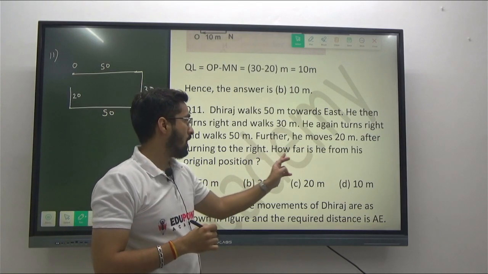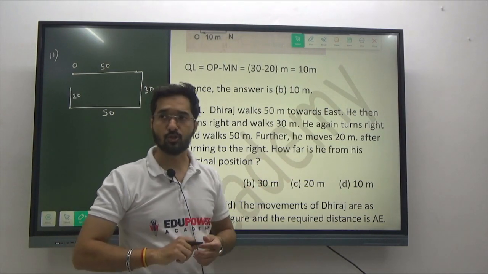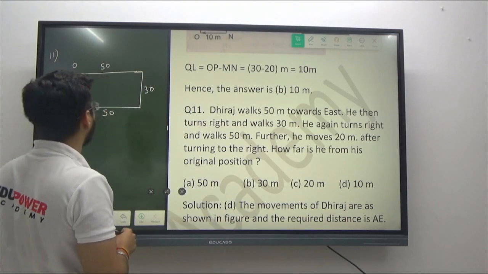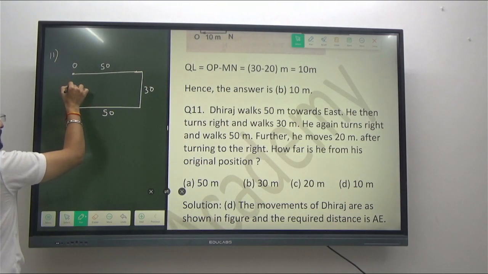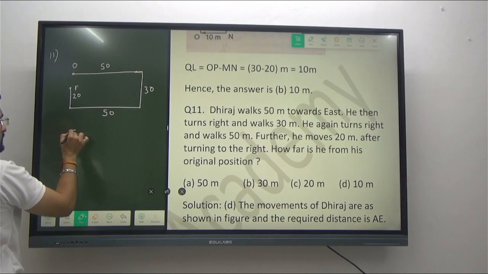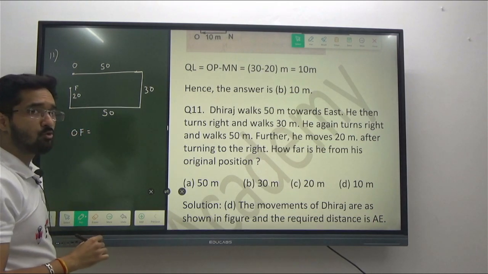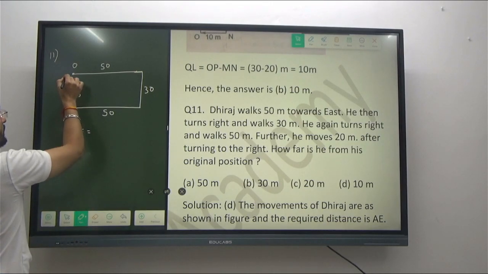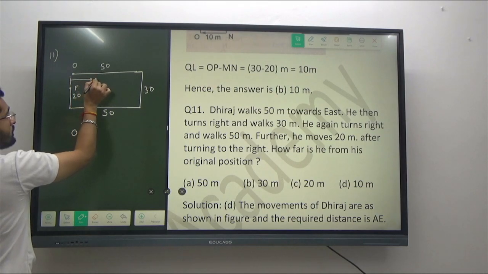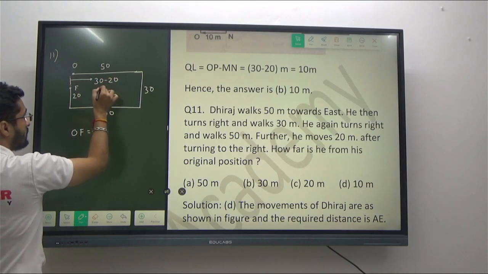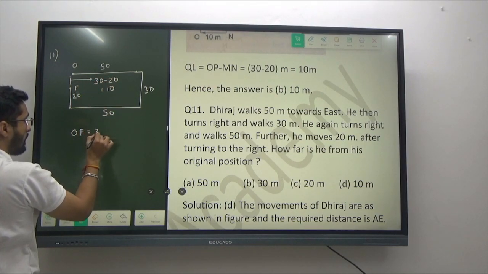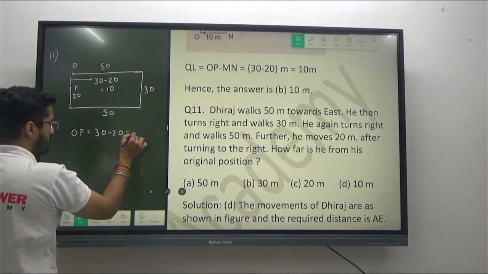Now how far is he from his original position? Okay. How far is he now from his original position? So this is his final position. Simply the question is asking what is the value of OF? What is the value of OF? So OF will be nothing but 30 minus 20 is equal to 10.